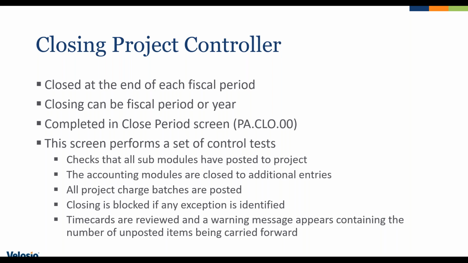So sometimes the screen will present warnings. Other times you may see errors, but warning messages will not prevent you from proceeding with the close. It's just alerting you to something. If it's an error, though, it will prevent you from moving forward with the closing. Errors must be resolved before it'll let you proceed.